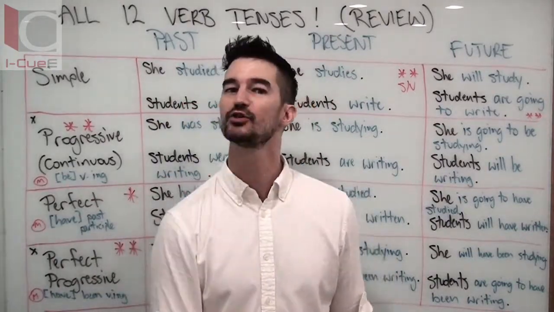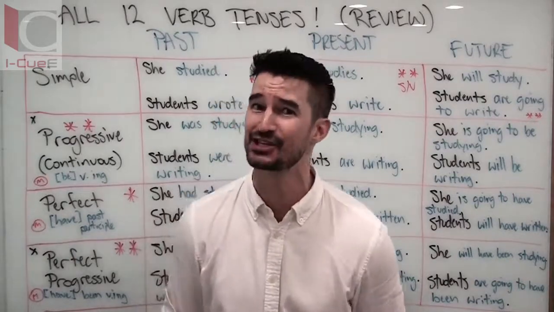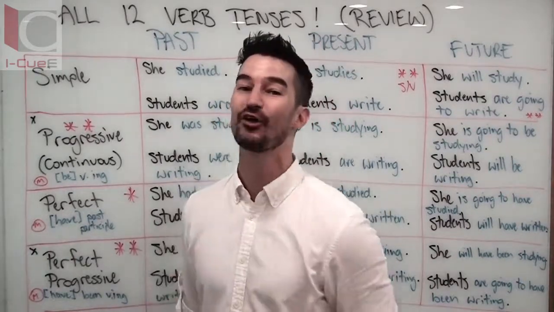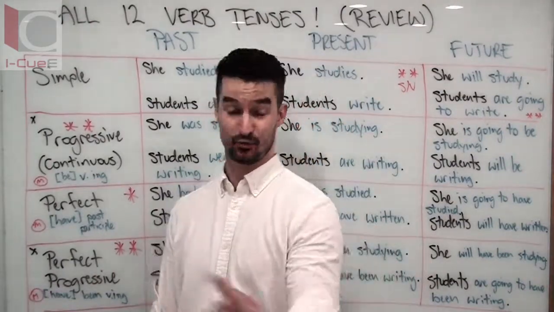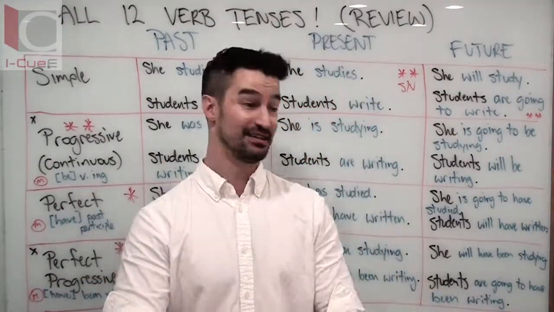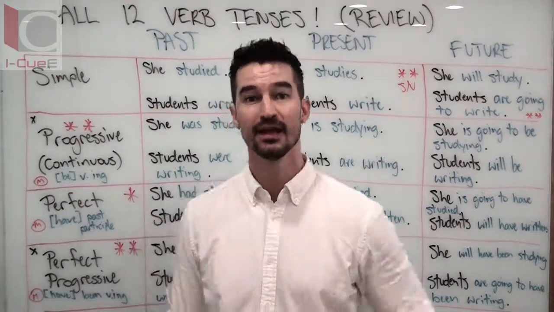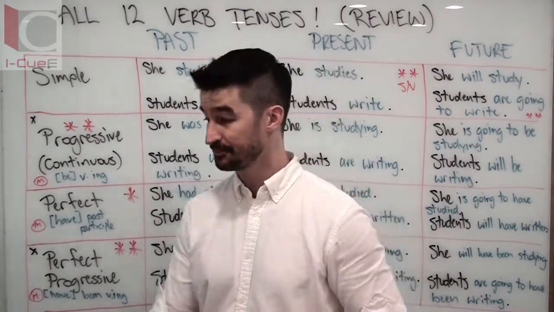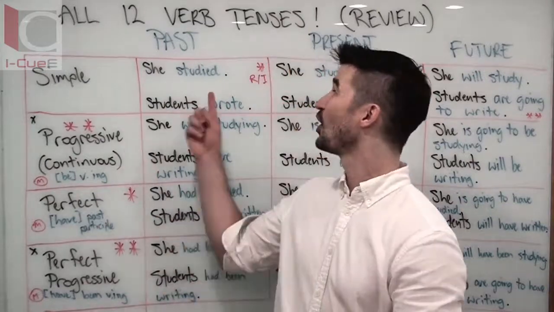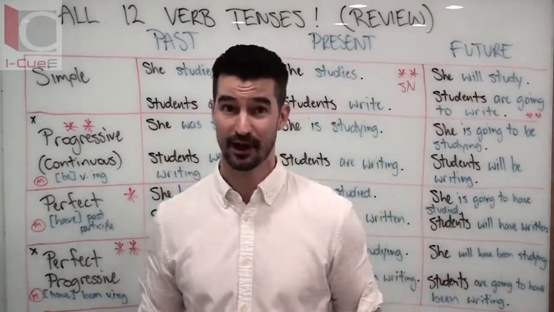Okay, look, if we're going to do an all 12 verb tenses review, let me tell you, this is not going to be taking all day, all right? We're just going to run through this, and you just have to keep up. Obviously, you need to know what regular and irregular verbs are.